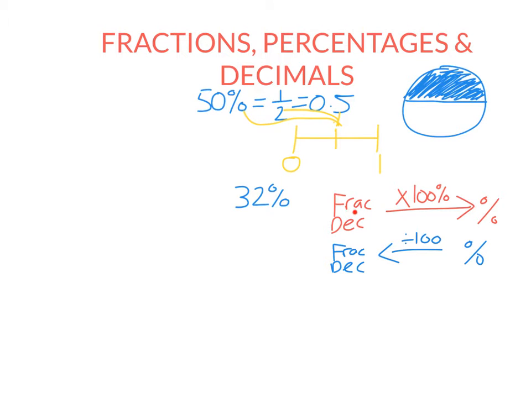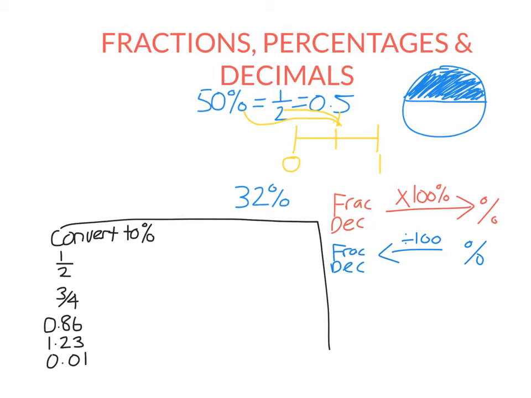If you want to go from a fraction or decimal to a percentage, you simply times by 100 and then add a percent sign on the end. That's what I mean by times 100%. If you want to go the other way, from a percent to a fraction or decimal, you do the opposite. You divide by 100. Just note, if you're going from a percent to a fraction, you might need to simplify the fraction. So let's look at some examples.